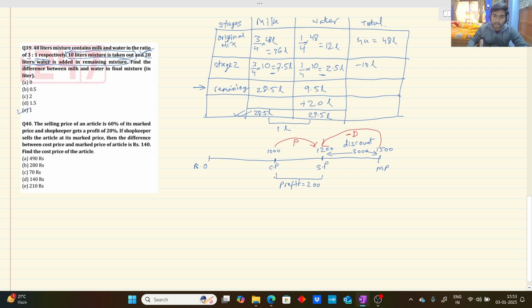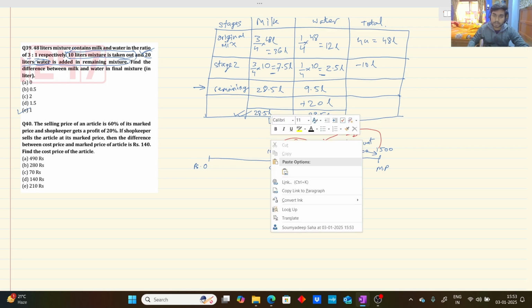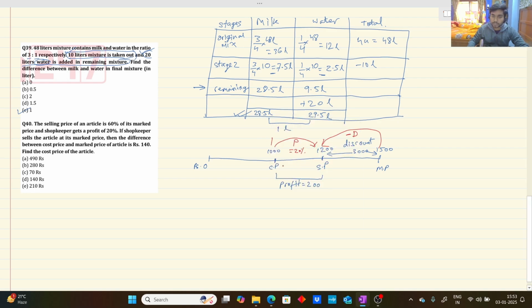And let's say my profit is 20%. If my cost price is taken as 1, then our selling price would be 1.2, because we're adding 20%. We're going higher from cost price to selling price on the number line that we have created. That's why we add.